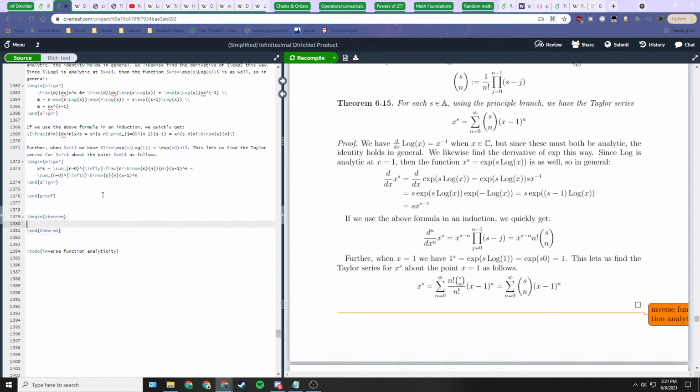So we can say our theorem will be: let f from s to a be analytic at x0 in s, with f prime at x0 in a star. Then f has an analytic local inverse function near x0.